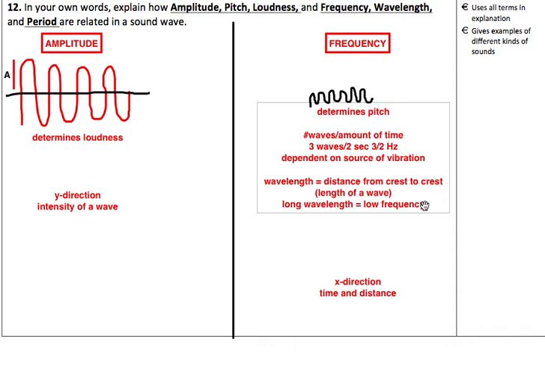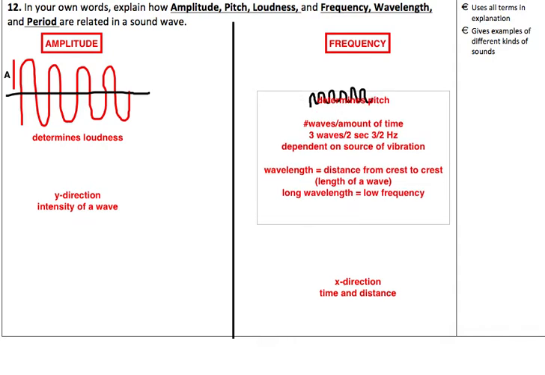Maybe it's your voice. The vibrations from your vocal cords aren't changing based on the medium. It's just the speed of the wave. So if the speed of the wave goes up, wavelength would have to increase. Speed of the wave goes down, wavelength would have to decrease.